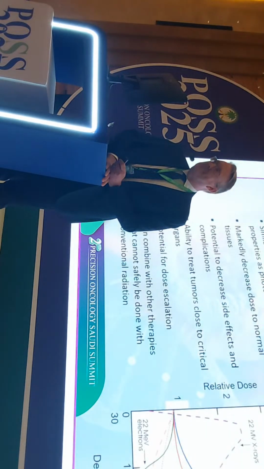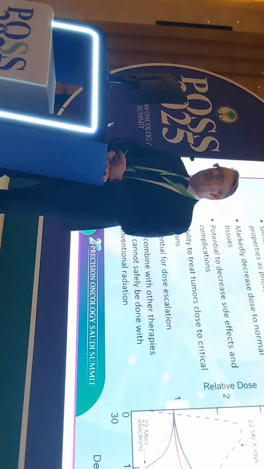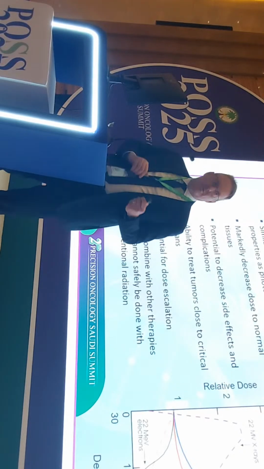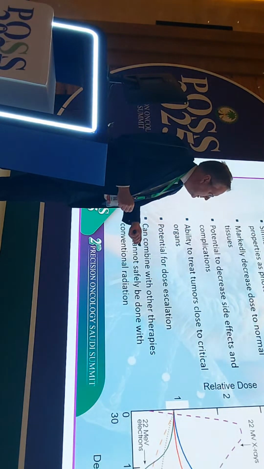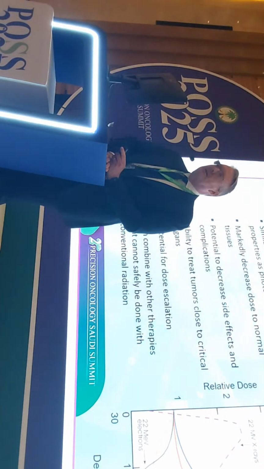One physics slide, please. On the right is a depth dose curve for different types of radiation therapy. I don't know if the pointer works. It doesn't. So you can see the purple dashed line is X-ray therapy. It has a low penetrance that rises quickly.